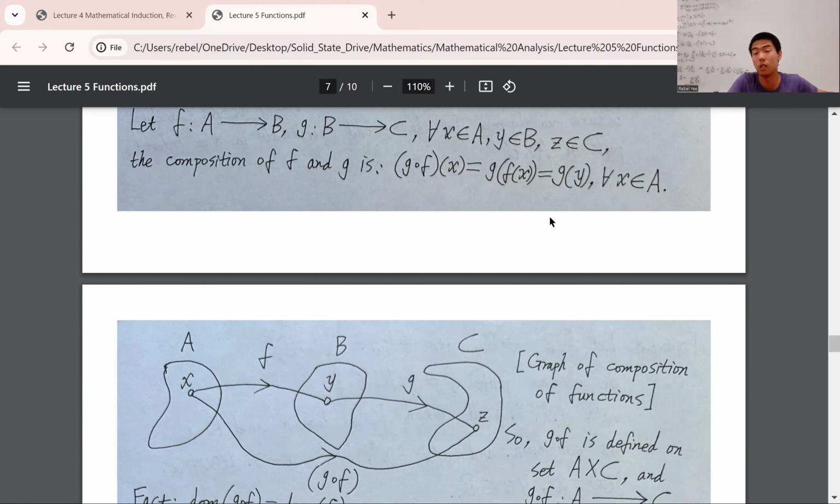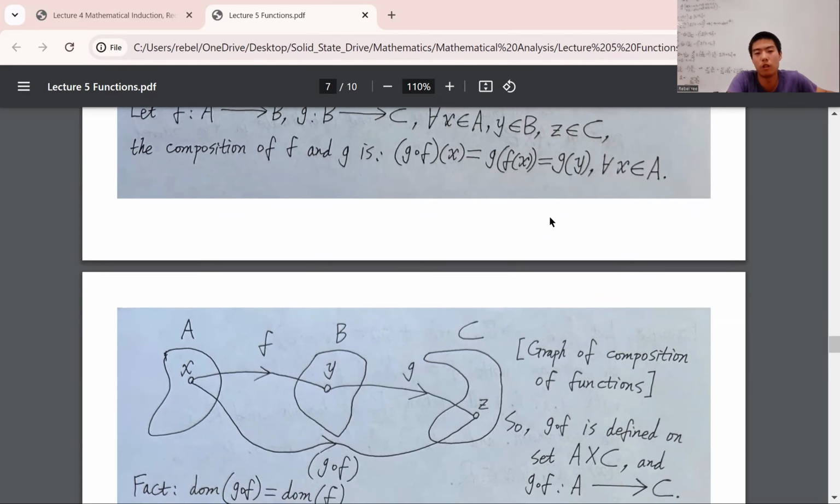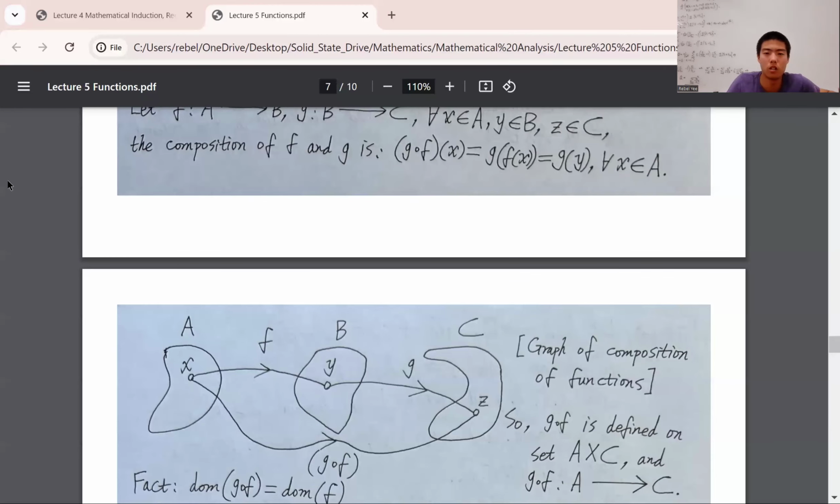So this is like a sequence of functions. First compute f then g, but if we reverse the relation, if we want to do g first then f, then we should write this one. And this is not equal to g composed with f. They're not equal. So the order really matters in this case.